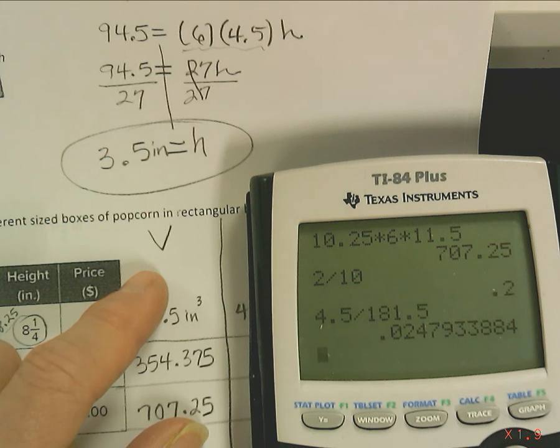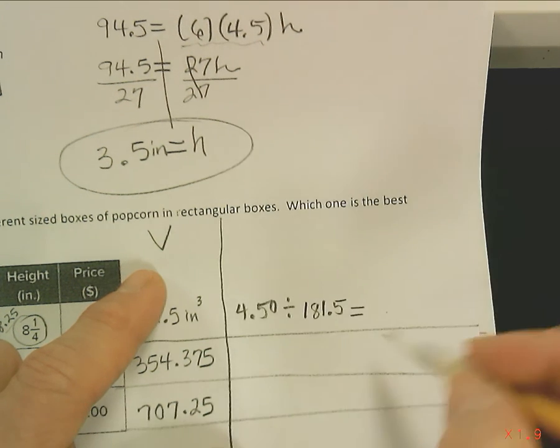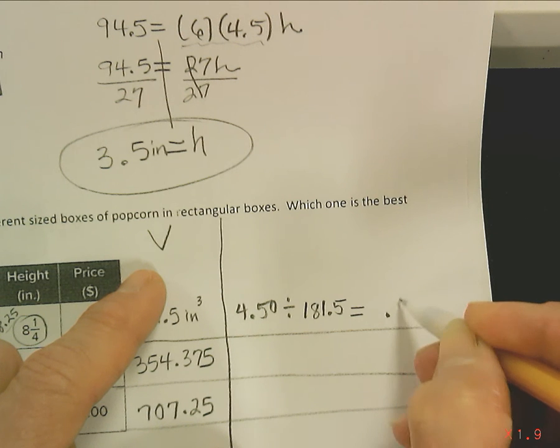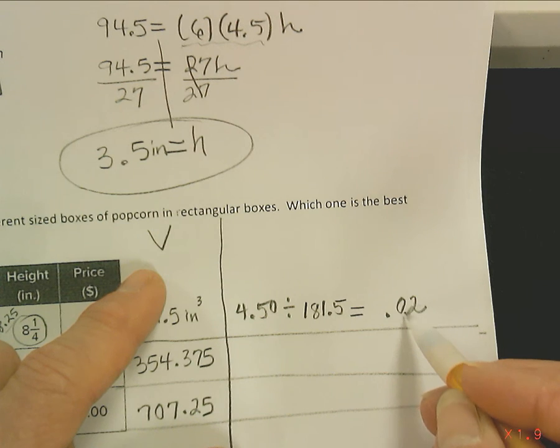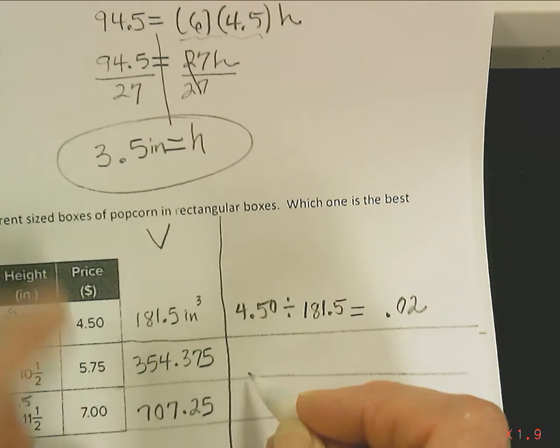And so how many places are we going to go after the decimal? 25. No, honey, that's 0.02. Oh, because it rounds. So the 4 tells you to leave that 2 just like it is. So how much money are we talking about? What is 0.02? It's 2 cents. 2 cents per cubic inch.